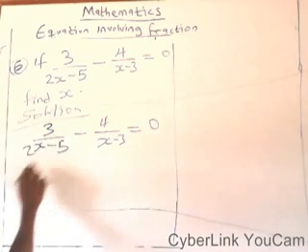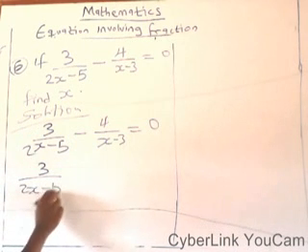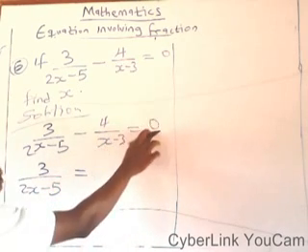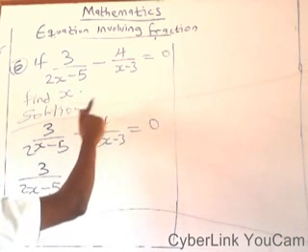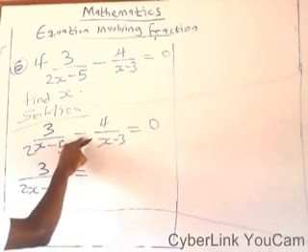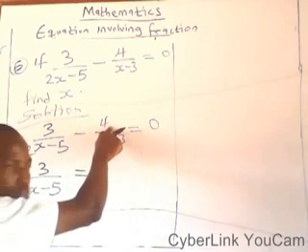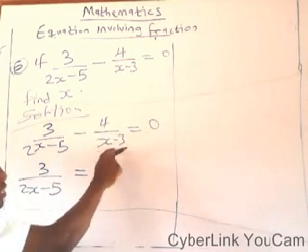We remain one fraction here, and then we shift the other fraction to the other side. Therefore, we are going to have 3 all over 2x minus 5 is equal to, here before it is 0. Now we want to shift 4 over x minus 3. This minus belongs to this fraction. Please note that this minus belongs to this particular fraction.